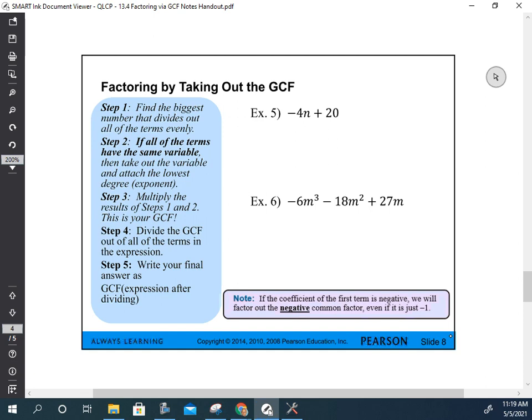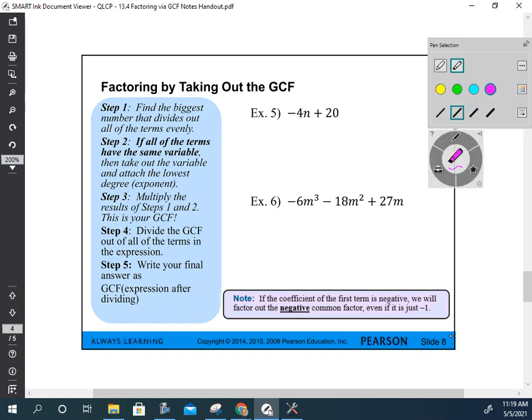So 5 and 6 are, what do you do if there's a negative? If it starts with a negative. If the coefficient of the first term is negative. So for examples 5 and 6, the first term is negative.